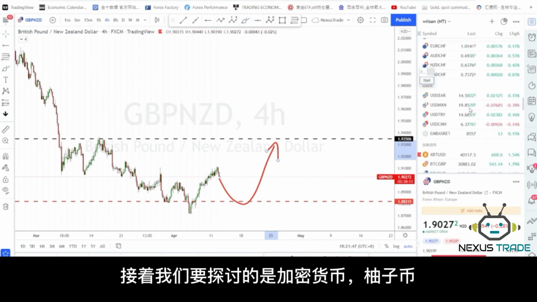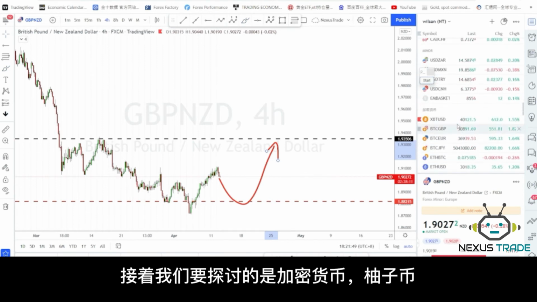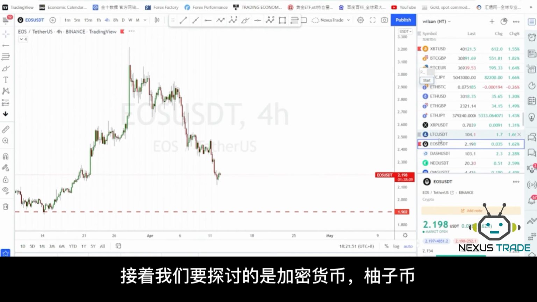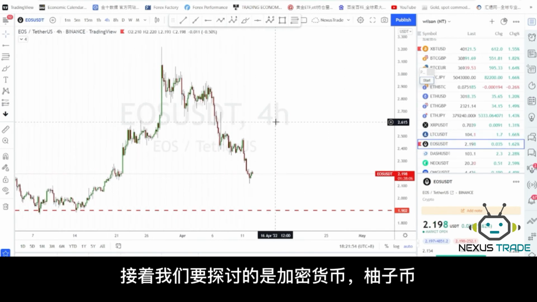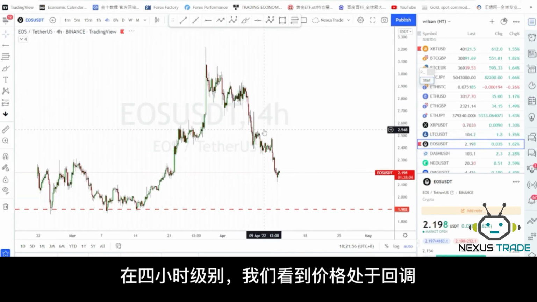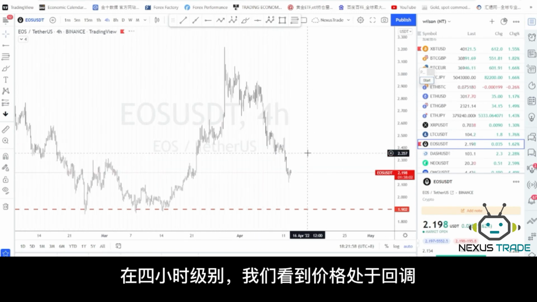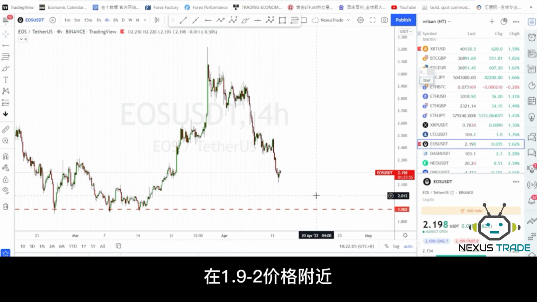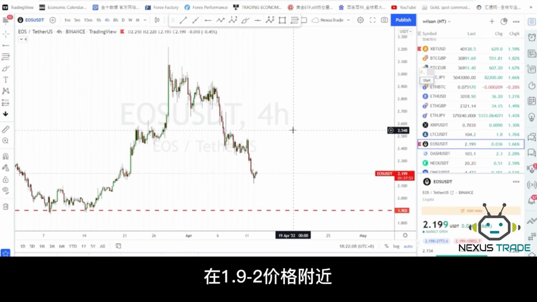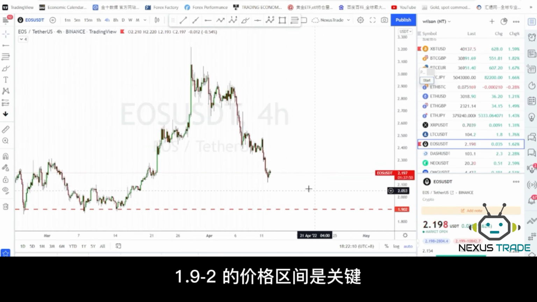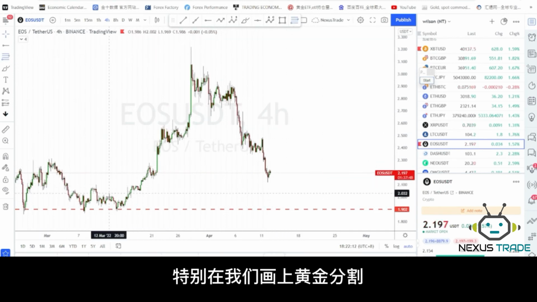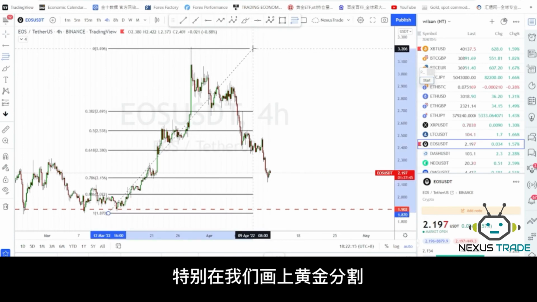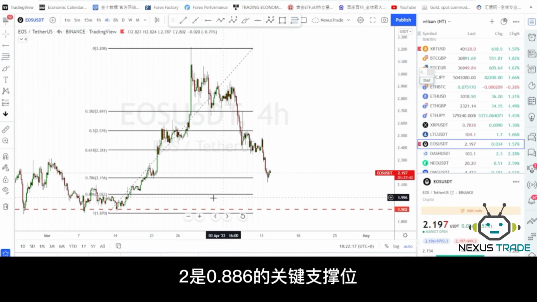The last pairing that I would like to recommend you guys will be EOS, a cryptocurrency. In the forward chart, we can see that the price is pulling back. So you have to monitor the price action over here around 1.922. 1.922 is the key support. As we draw the Fibonacci, we can see that 1.922 is a key support of 0.886.